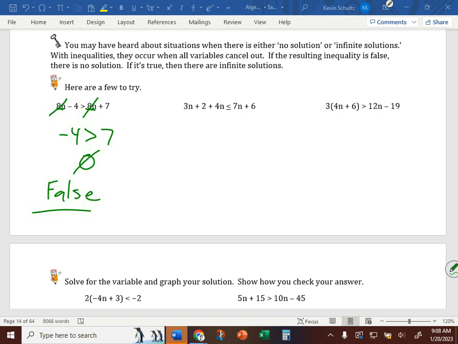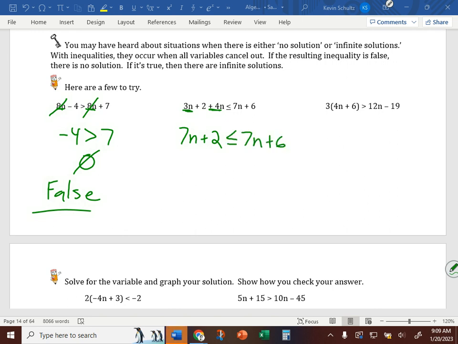Our next one. We get to do a little bit of simplifying here. We have 3 n's and 4 n's. Total we have 7 n's. We don't use opposite operations because they're on the same side, right? We only use opposite operations when we're moving from one side to the other. That's not what we're doing here with the 3n and the 4n.